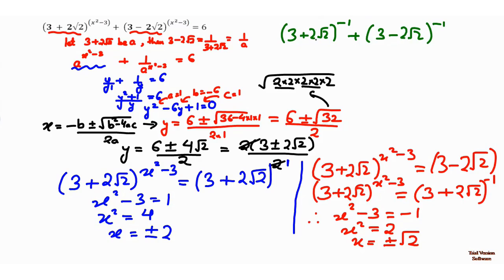So this is 1 upon 3 plus 2 root 2 plus 1 upon 3 minus 2 root 2. We just discussed it. 1 upon 3 plus 2 root 2 will be 3 minus 2 root 2. And here also 1 upon 3 minus 2 root 2 in the same manner will be 3 plus 2 root 2. So as you can see, even this root 2 value is satisfying the equation.